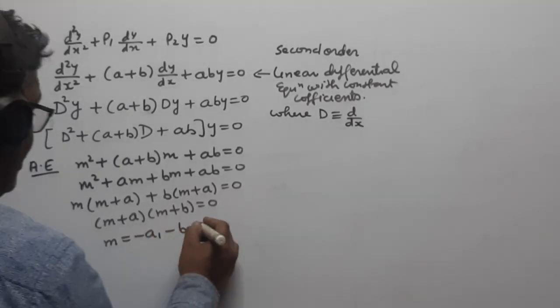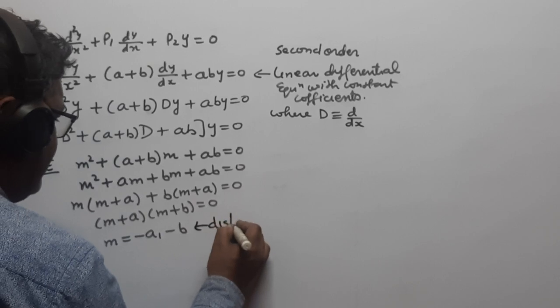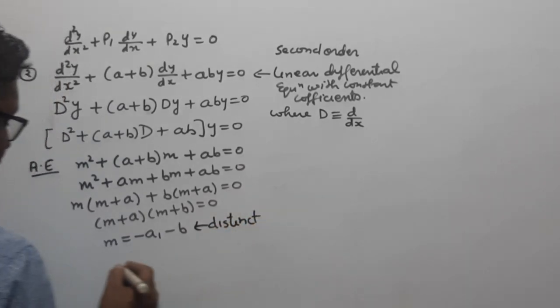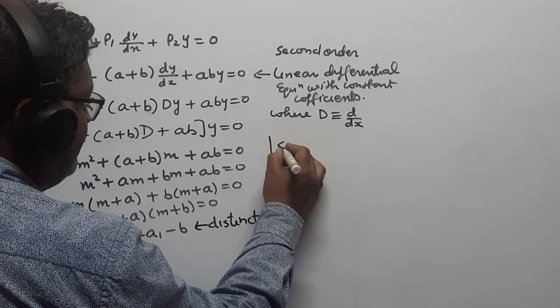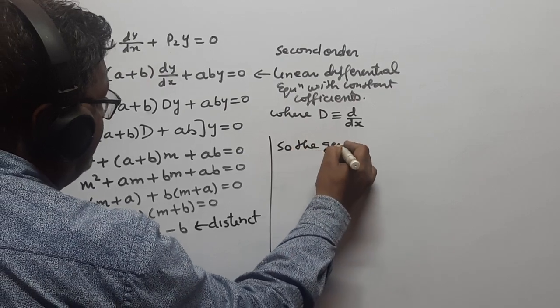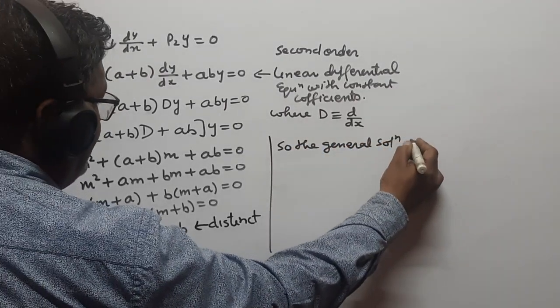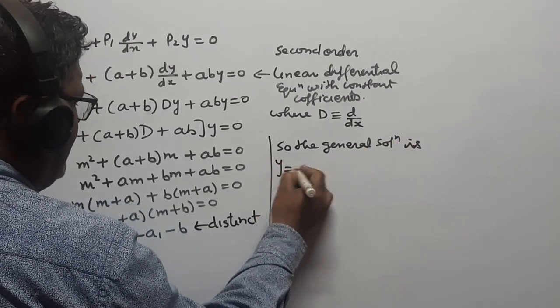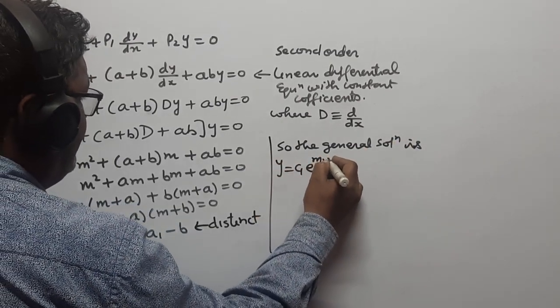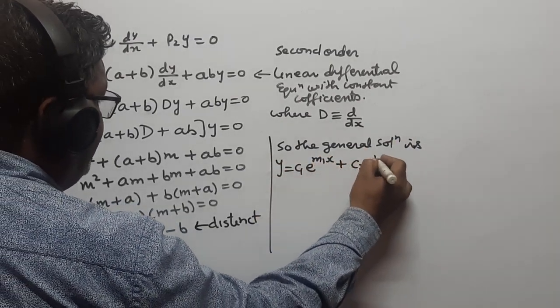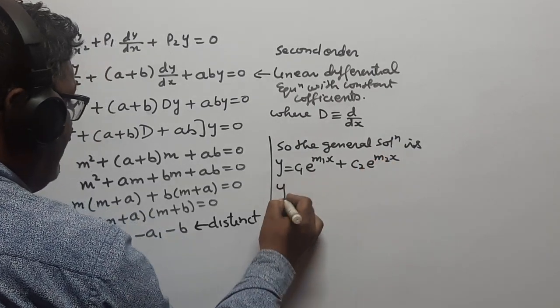These roots are distinct. So the general solution is y is equal to c1 times e to the power m1x plus c2 times e to the power m2x.